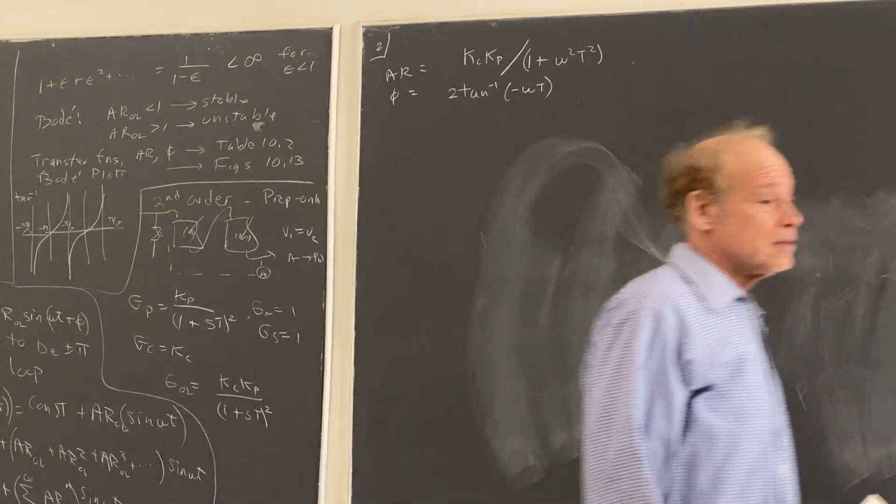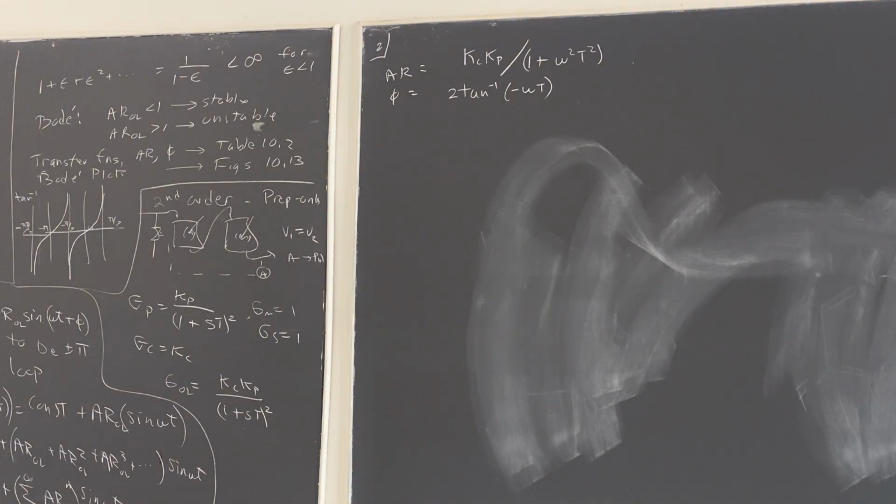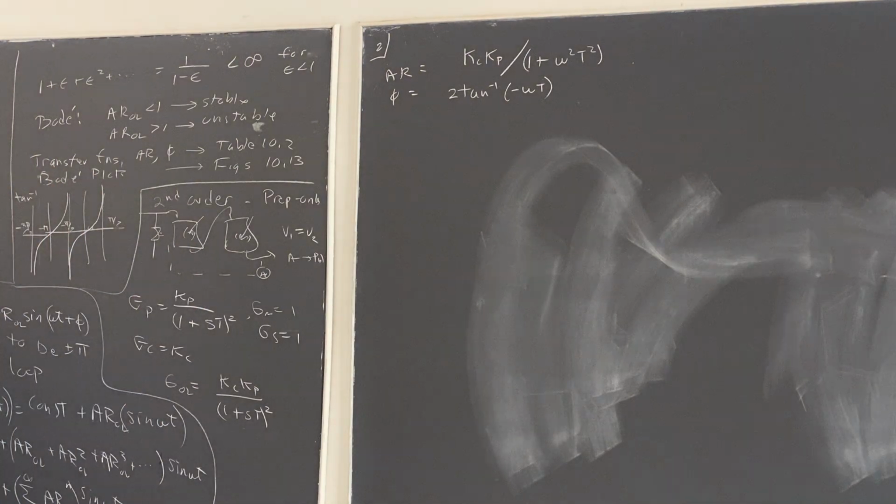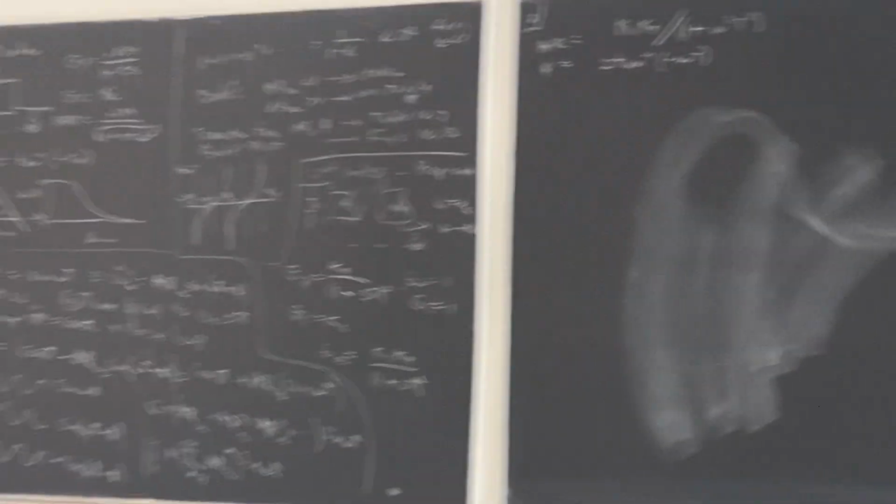Okay, why is that? Well, remember, this second order system is just two first order systems in series. And if it's two first order systems in series, I just multiply the amplitudes together.